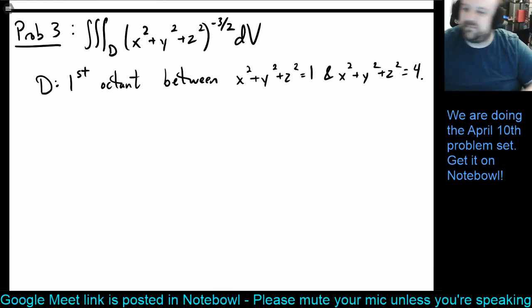The problem actually says between the two spheres of radius 1 and 2 centered at the origin. Those are these two right here.